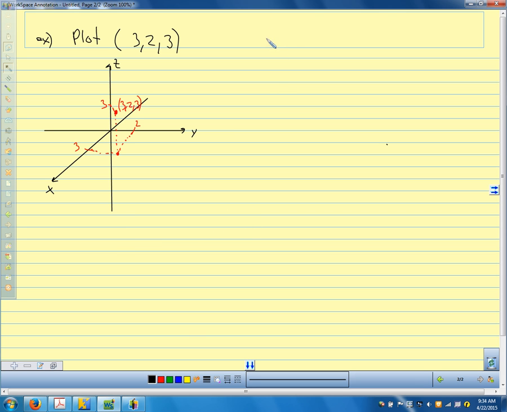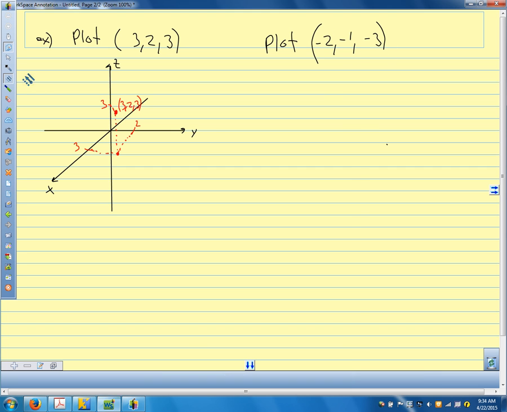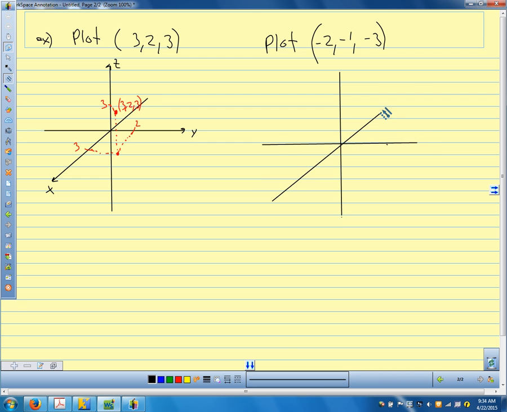All right. So let's plot another one. Let's plot -2, -1, -3. So there are our axes.